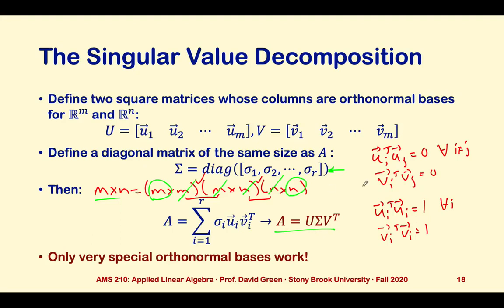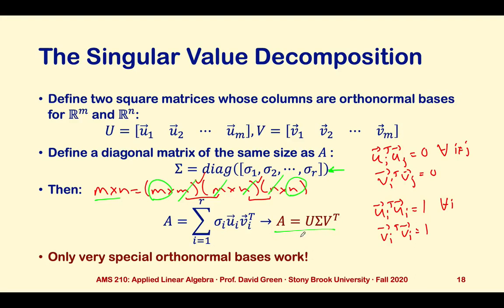Multiplying by the scaling factors will add a sigma i times Vi transpose. And then each of those rows, when we multiply by U with the appropriate structure here with the columns as the u vectors, will give rise to this sum.